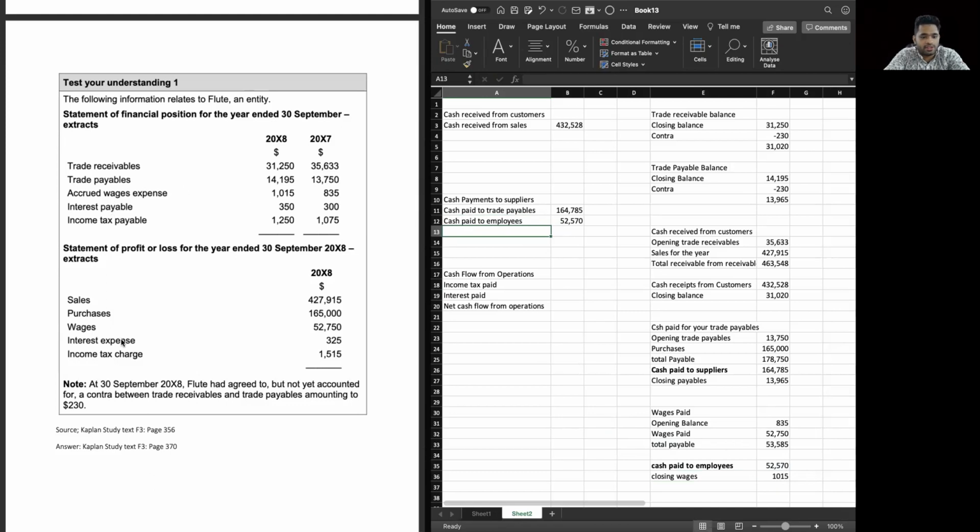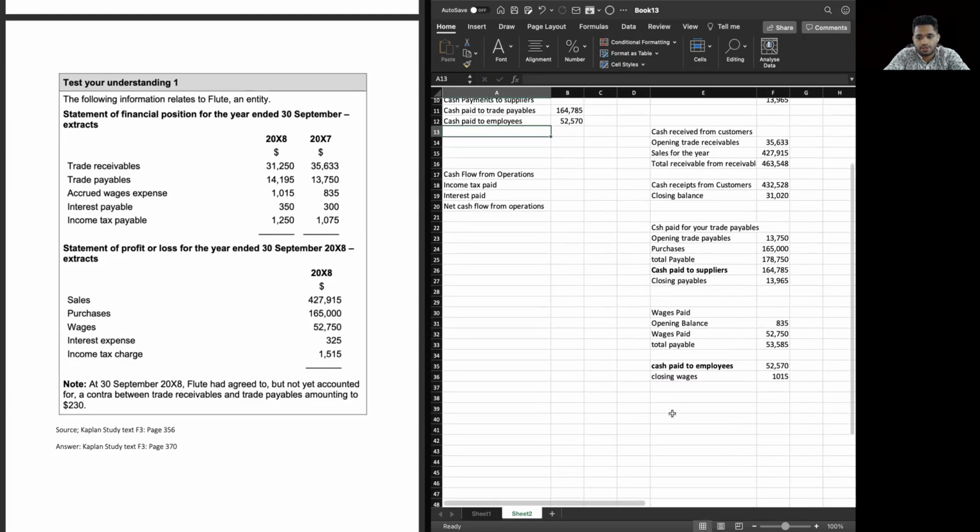Next, you have your interest expense. So you need to calculate your interest paid. Your opening payable balance on interest is going to be 300. Your closing balance is going to be 350. The amount coming from your SOPL, the expense for the year, is 325.